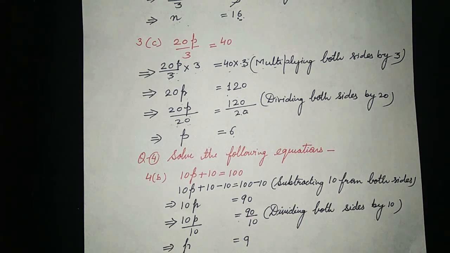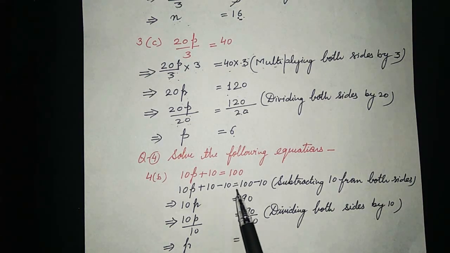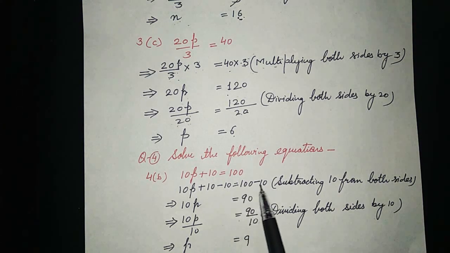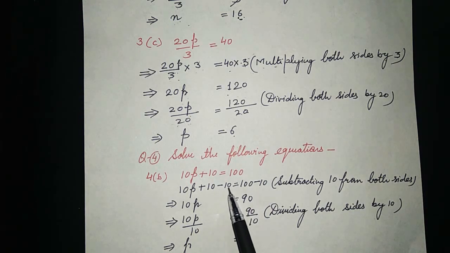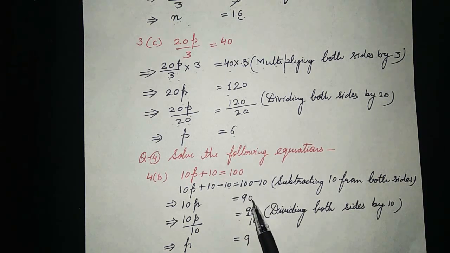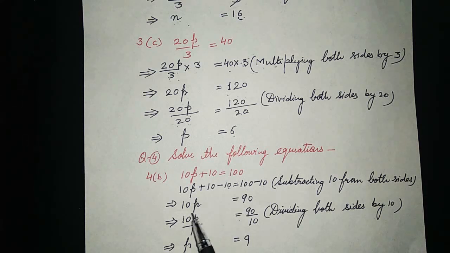Here you will subtract 10 from both the sides. So 10p is equals to 90 will come, because 10 minus 10 is 0, 100 minus 10 is 90. Now you can see your equation is 10p is equals to 90.